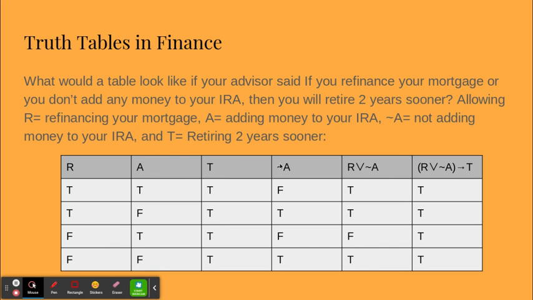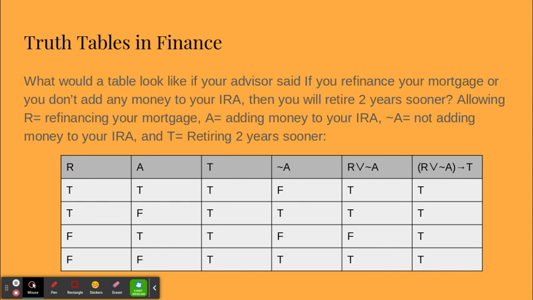So if we look at column R, we see we get true, true, false, false. Column A, true, false, true, false. Column T, all true. Column not A, the inverse of A, false, true, false, true. Now we have R or not A: true, true, false, true.